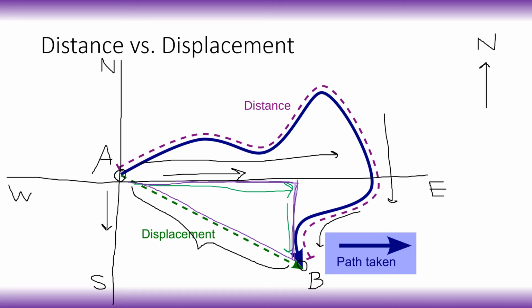If I redraw that same triangle out here, then I can figure out the angle in here, and use that to describe the direction of my displacement. I was basically walking east, but then I also had to walk a little bit south. If this angle is, let's say, 30 degrees, then I could say I was walking east 30 degrees south.